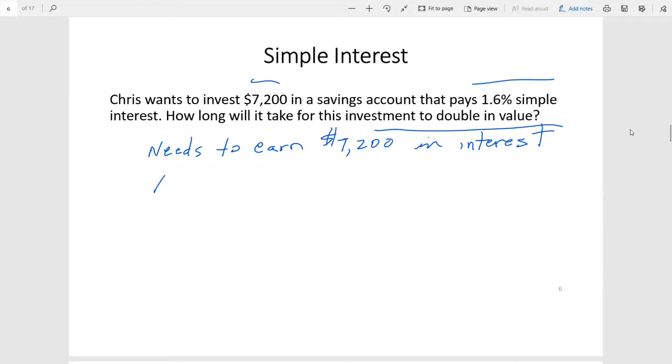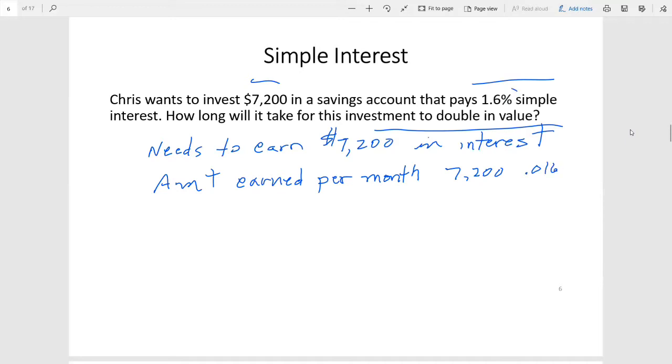Okay, the amount earned per month is $7,200 times the interest rate, which is 0.016.